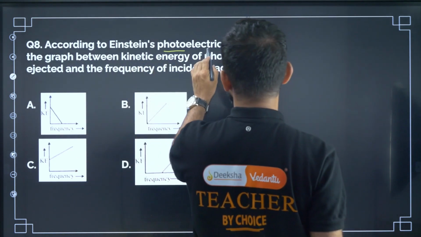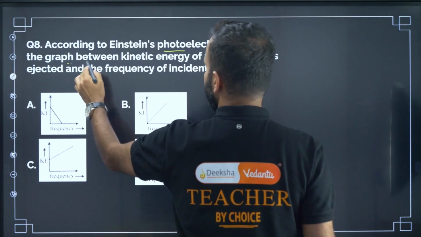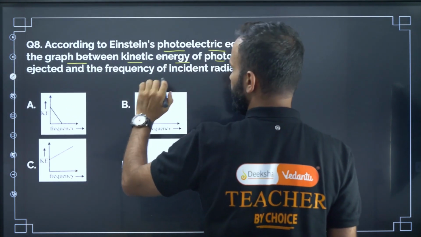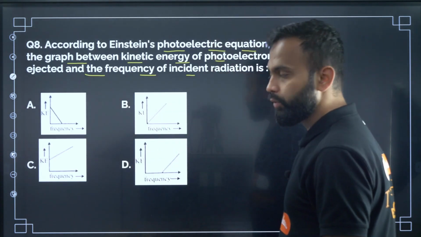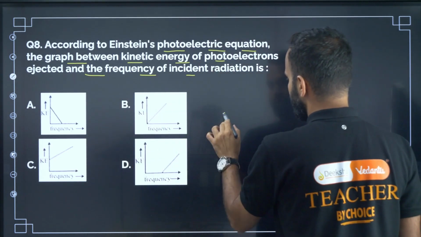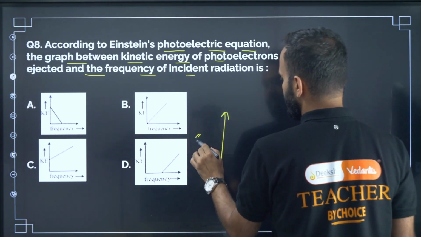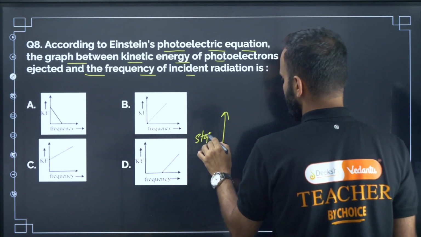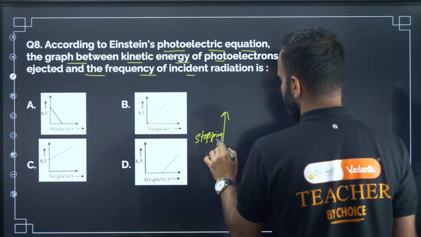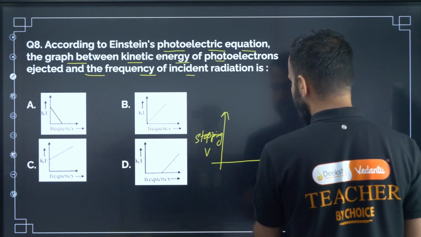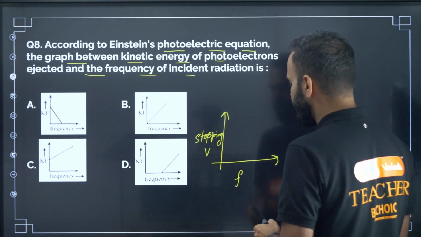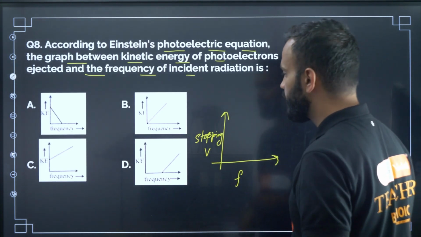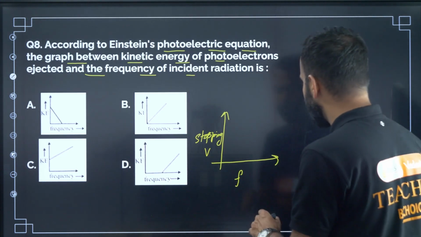Next question, question number 8. According to Einstein's photoelectric equation, the graph between kinetic energy of photoelectrons ejected and frequency of the incident radiation. We know the graph between stopping potential and frequency of the incident light. This is the graph.